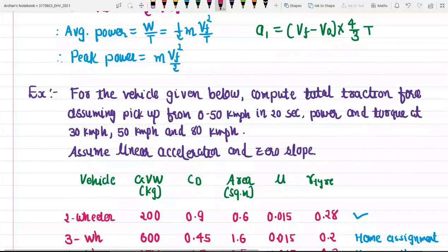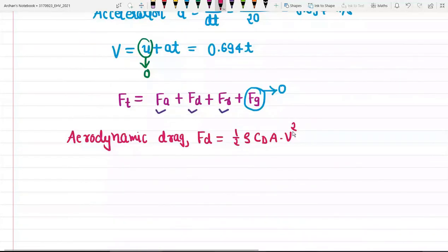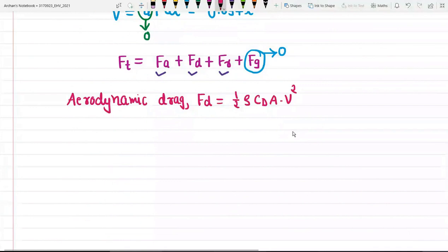Initially we will try to find out the common equations, and then we will put in the values of V for 3 different values. So you will be able to calculate the total traction force required. So put the remaining data.